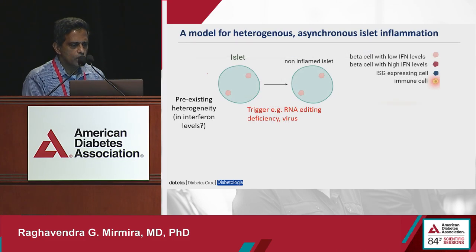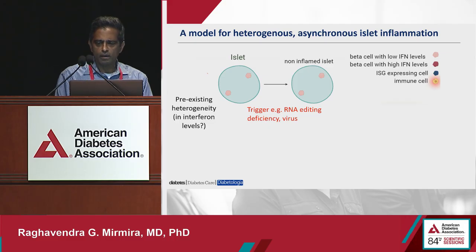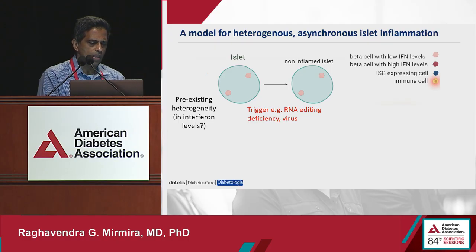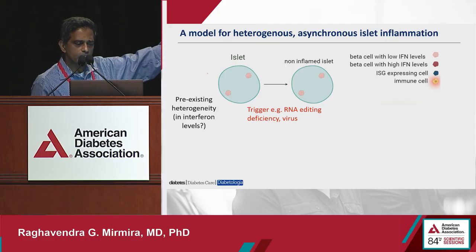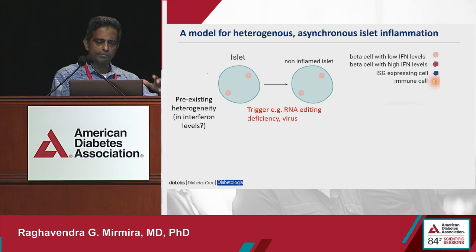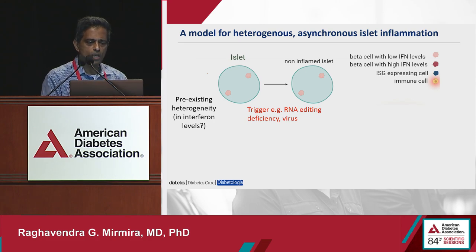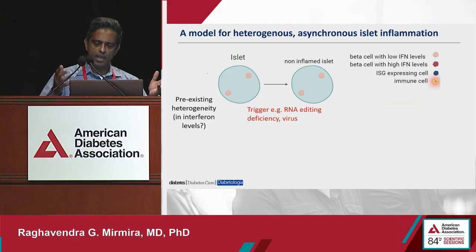So what does this mean? So this is one potential model, and that is that islets may have pre-existing sensitivities to interferon signaling, that is beta cells, excuse me, may have pre-existing sensitivity, and that when there is that environmental trigger, such as a virus or other stimulus, that these beta cells with very low levels of interferon expressing genes remain relatively non-inflamed and happy.